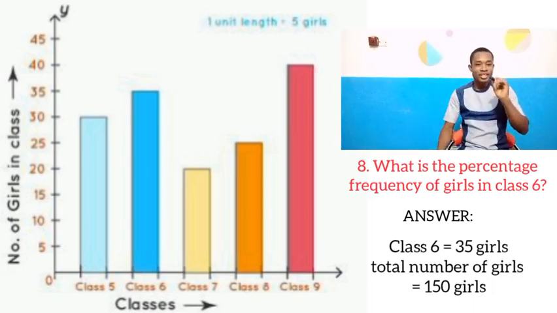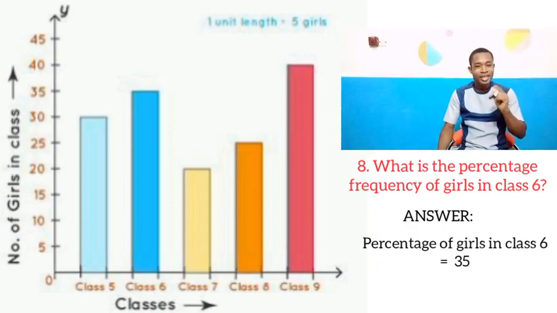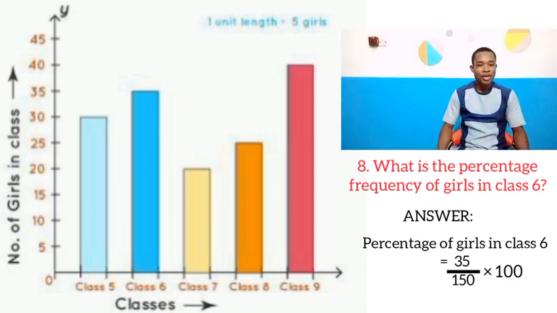So we are going to do 35 divided by 150, and then we multiply it by 100. If you do the reduction, you'll notice that your answer is going to be 23 whole number 1/3%. If you solve 35 over 150 times 100, do that and see.